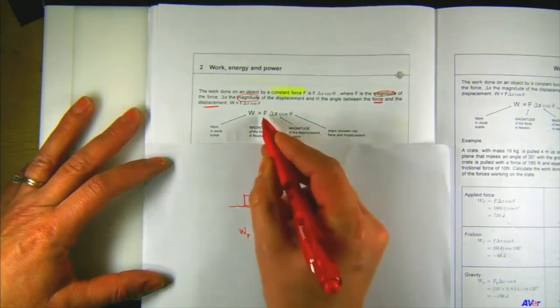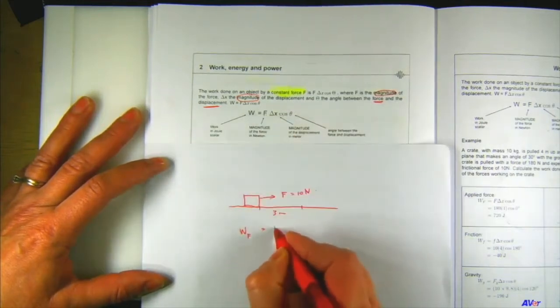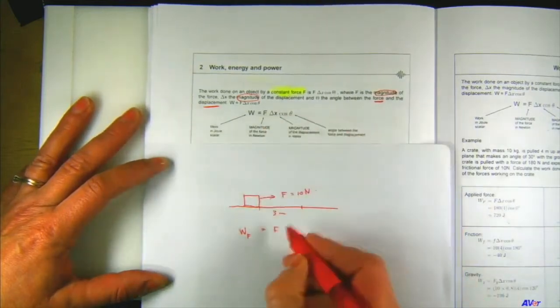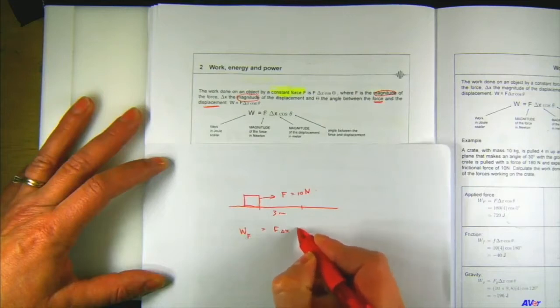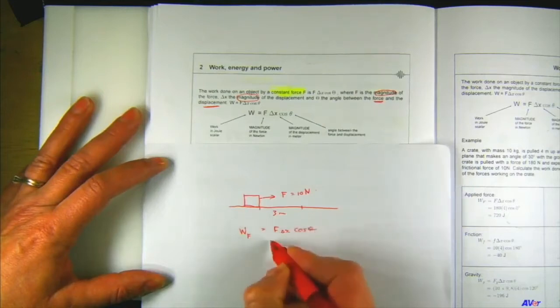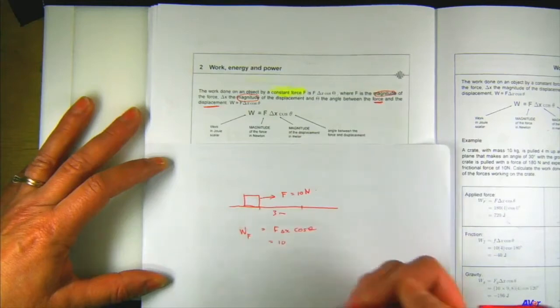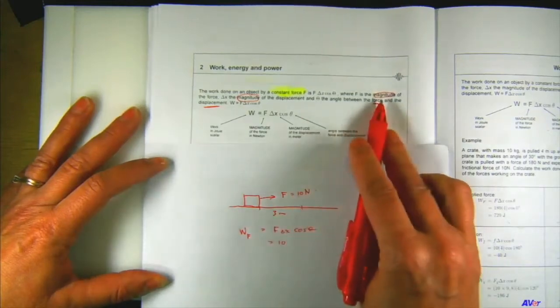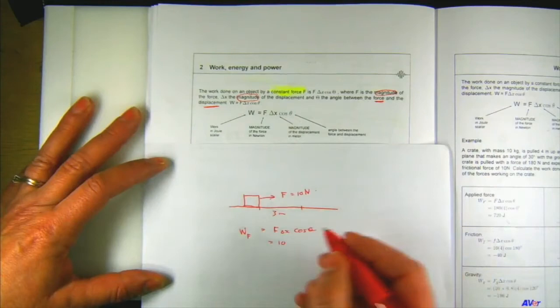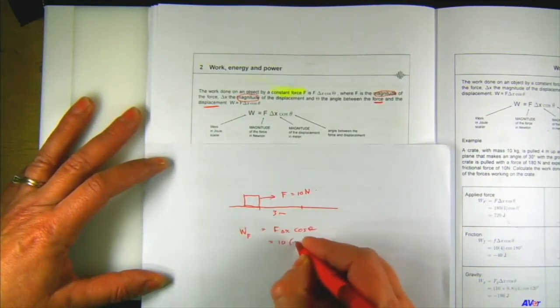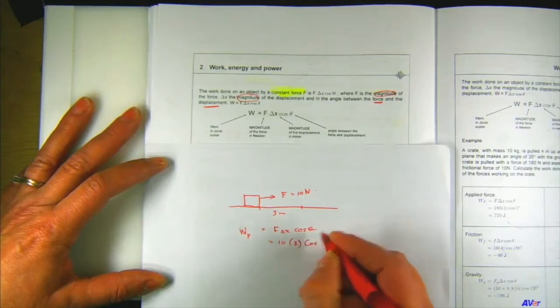Then we're going to say, the F is that applied force we are working with. Delta x is the displacement, and then you have cos theta. So the force that is applied is 10. No components, nothing. We're using the magnitude, and the magnitude is 10. Fine. Delta x, how far is the displacement? 3 meters. And then you get to cos, and then we get to the angle.